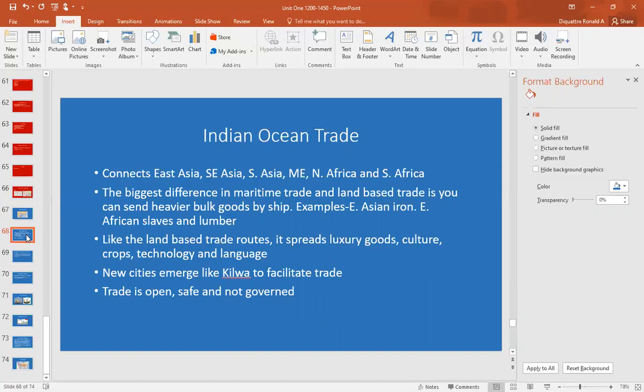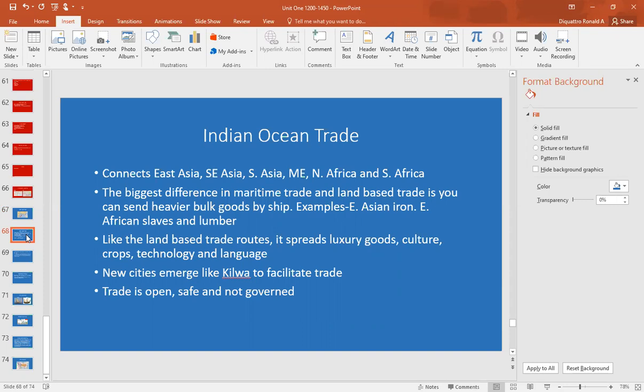Some examples of this: East Asian iron, Chinese iron is going to be traded globally. Also, East African slaves and East African lumber are going to be traded long distances. Like the land-based trade routes, it spread luxury goods, it spread culture. Anywhere that you see trade in the Indian Ocean, you're going to see Muslim merchants participating in the trade.